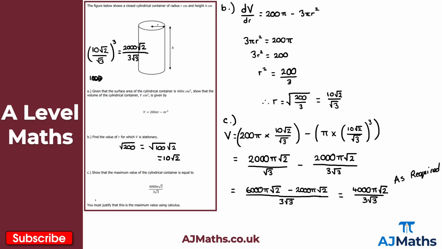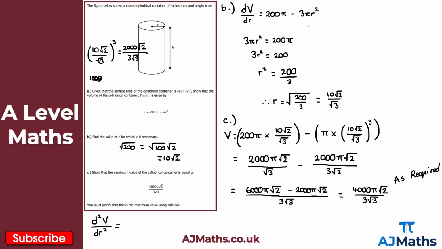So the second derivative then, this would be d squared v over dr squared. So if we differentiate this here now, again with respect to r, well, 200 pi, that is a constant. So if you differentiate that, that's 0. We've then got minus 3 pi r squared.